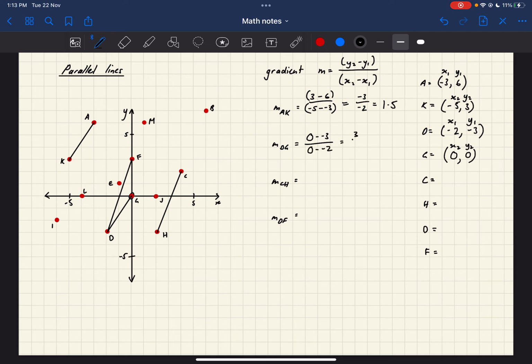Which gives us 3 over 2, which is 1.5. Now you can see that this doesn't look quite the same as the other one until you fully simplify it and turn it into a decimal. A fully simplified fraction or a decimal will show you that these actually have the same gradient. So that means that AK and DG are parallel.